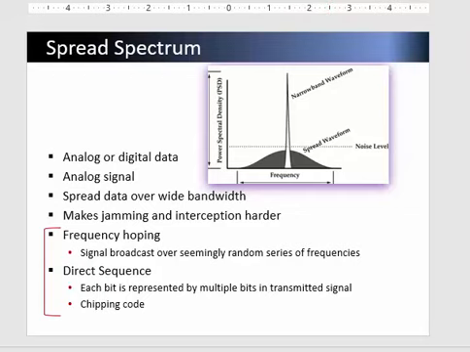In order to do that, we use a pseudo random number. It is not really a pseudo random number, but it looks like one.